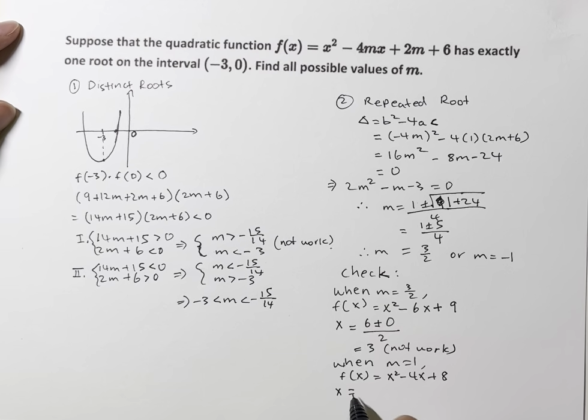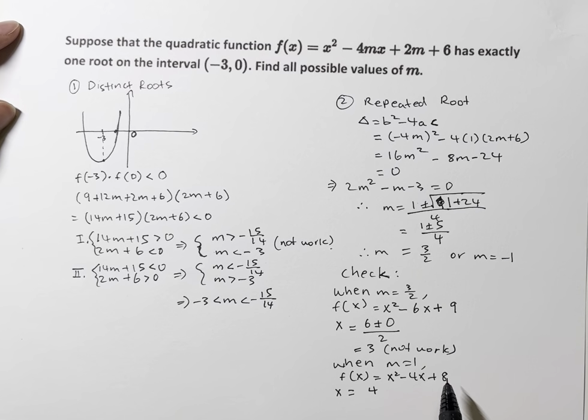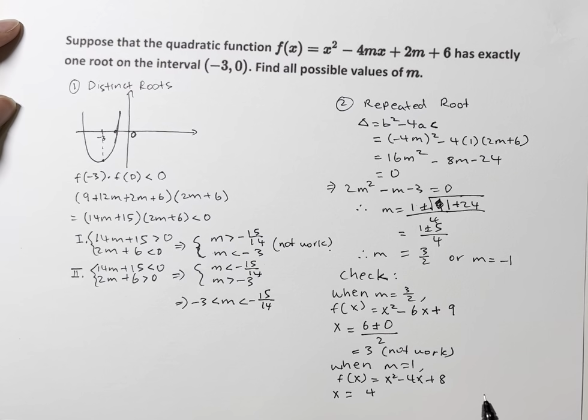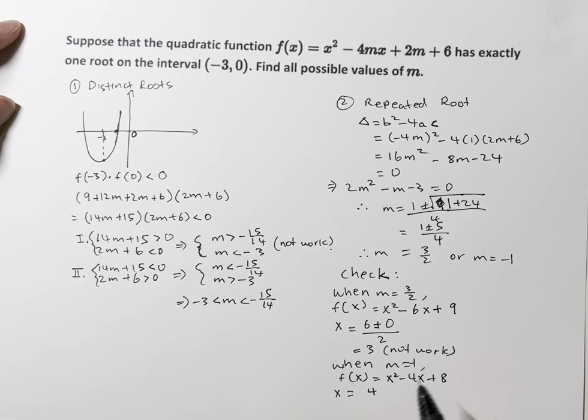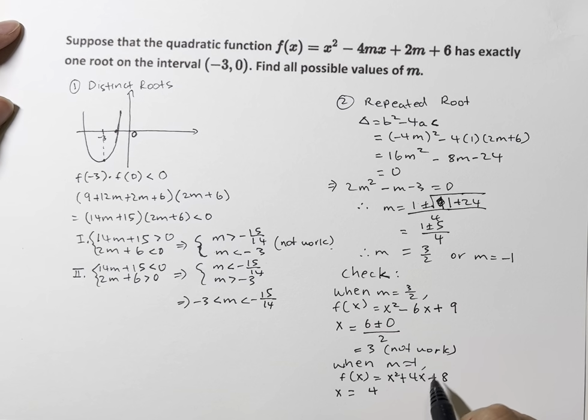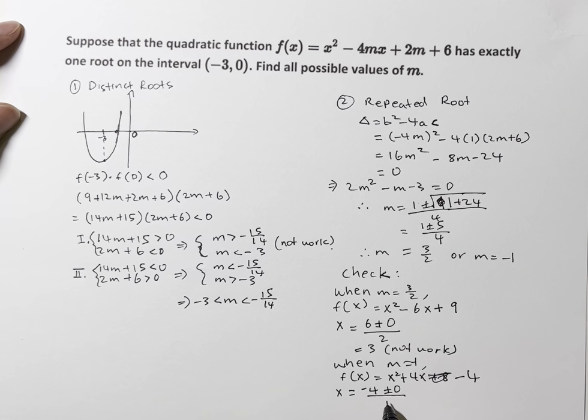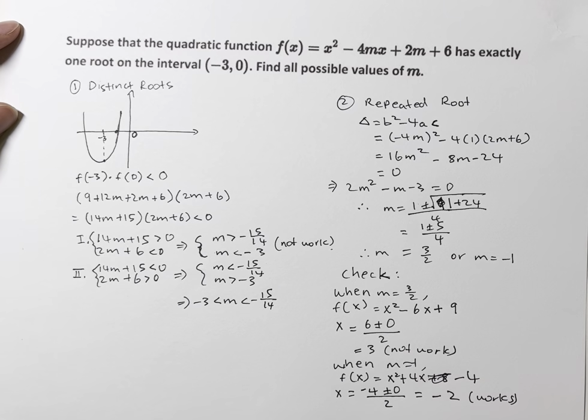So x equals negative 4 plus or minus 0 over 2, which equals -2. This works, because it does belong to the interval (-3, 0).